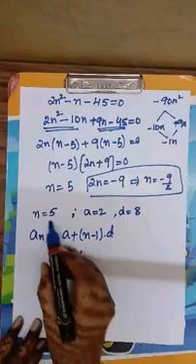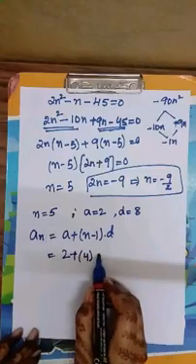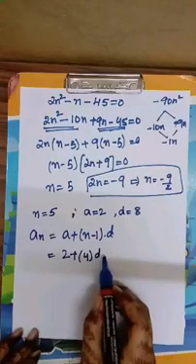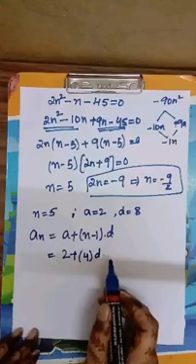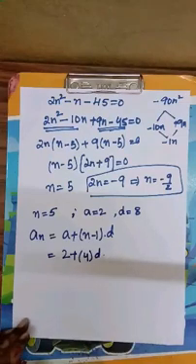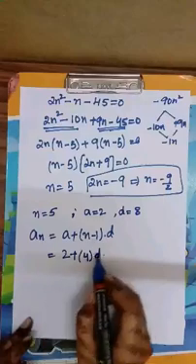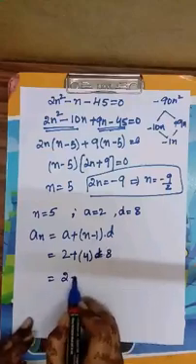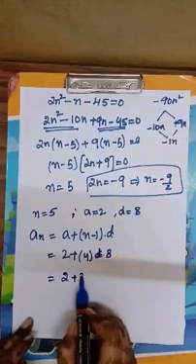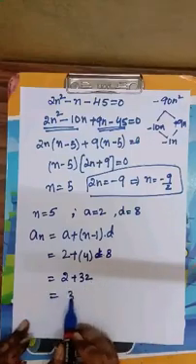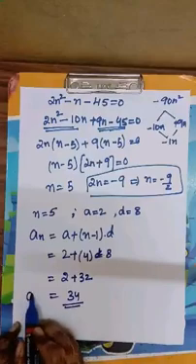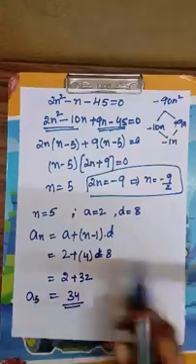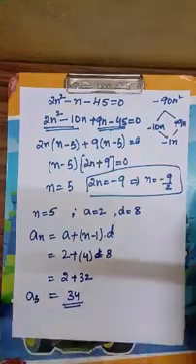So n is how much? 5. 5 minus 1 is 4. The d value also we have got, 8. That is 2 plus 8 4s are 32. 32 plus 2 is 34. So a5 is how much? 34. Now let's move to the next question.